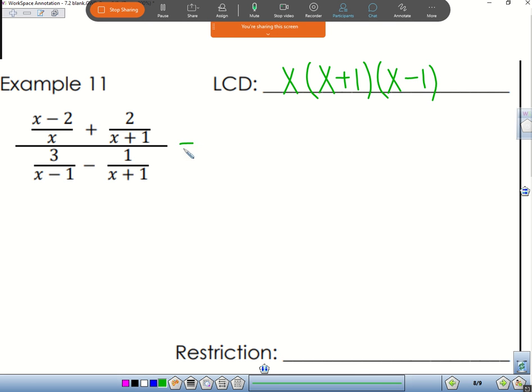So, I'm going to do the first method, which is to multiply all my numerators by the LCD.